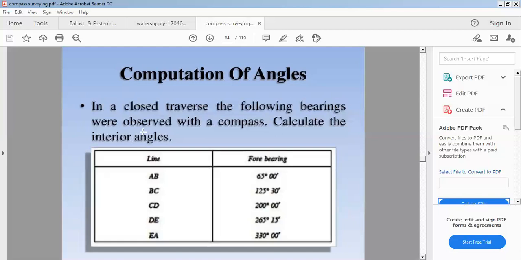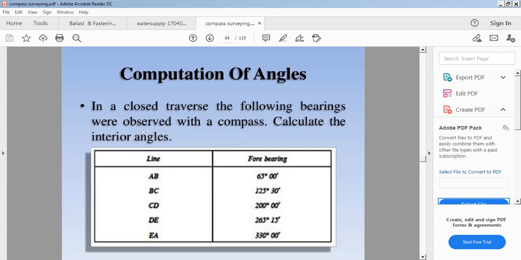In this case, you can see, suppose there are 5 points, then there will be 5 lines: AB, BC, CD, DE, and then the last is EA. The forebearings of these 5 lines are already given in this table.